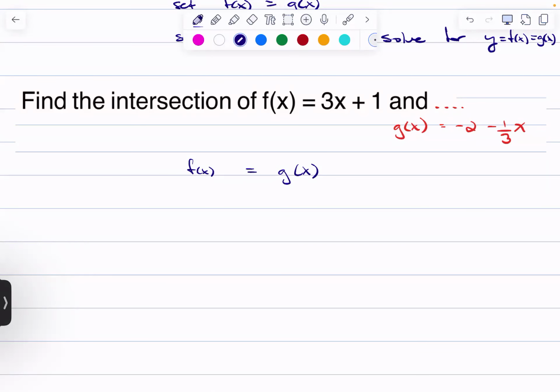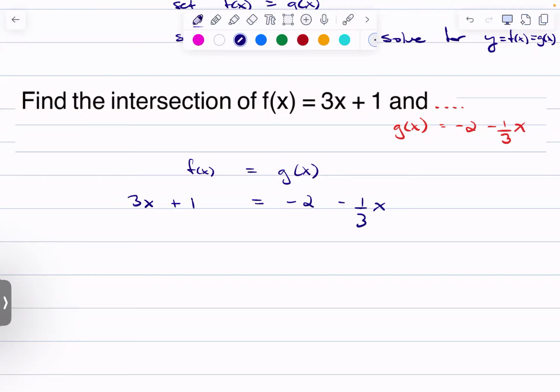Okay. f of x, we can replace it with 3x plus 1. And g of x, we can replace it with -2 minus 1 over 3 times x. Notice that all I have left are x's and some constants. And so I can collect like terms.